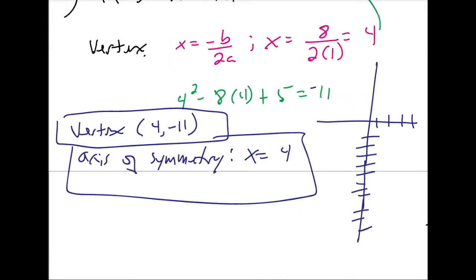So the vertex is all the way down here, at 11. Now, are we happy face or sad face? It's a happy face. So it's a maximum, right? No, it's a minimum. I lied. Always draw it out. It really helps.